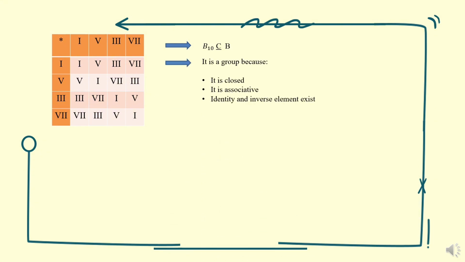Because the outcome of each pair in this table is themselves. That's why it is closed. For example, 5 star 3 is 7, and 7 is in this table.